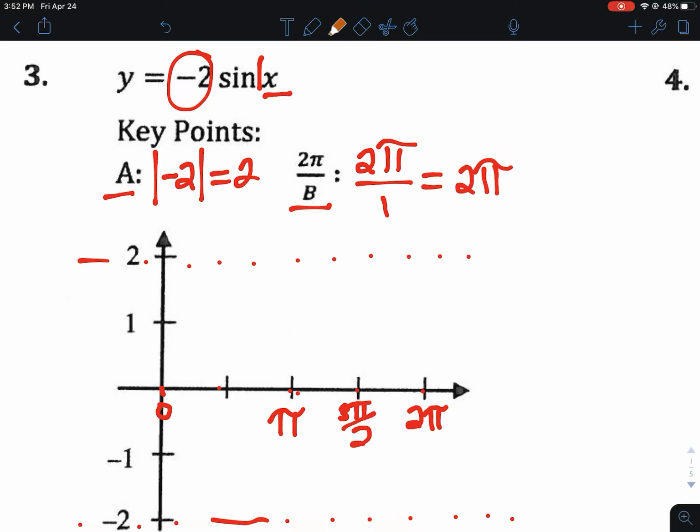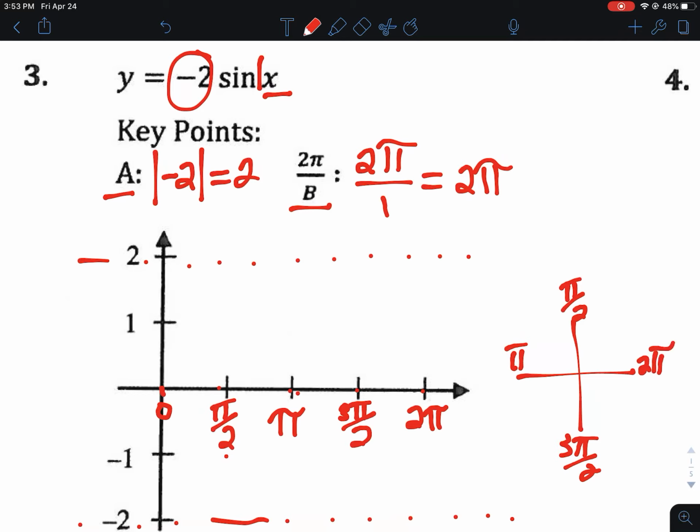Let's see if I can write that a little smaller. So just like your unit circle, and that can help you out if you're trying to find these values. Pi over 2, pi, 3 pi over 2, 2 pi, right? Those would be the 4 quadrant values all the way around. We know they're all evenly spaced, right?